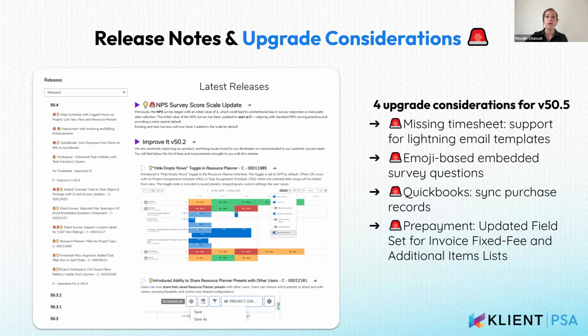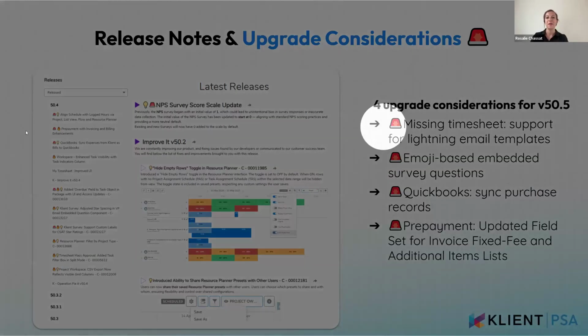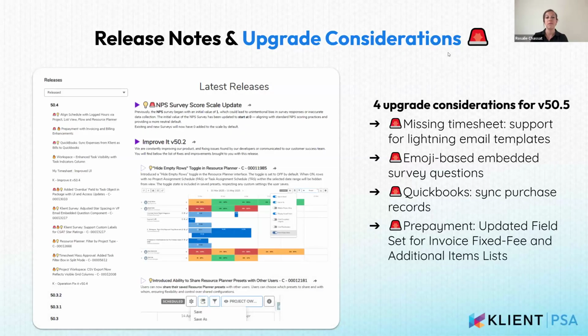A little reminder about our release notes. As always, after the webinar, if you haven't done it yet, we encourage you to review all the release notes on our community. You can search for the red light emoji that you can see. Thank you, Yannick, for the upgrade considerations, which are the most important to know about, especially if you're a system administrator that's going to be performing the upgrade, and if you need to send any internal communication.